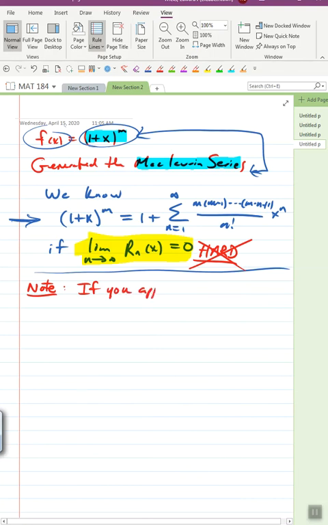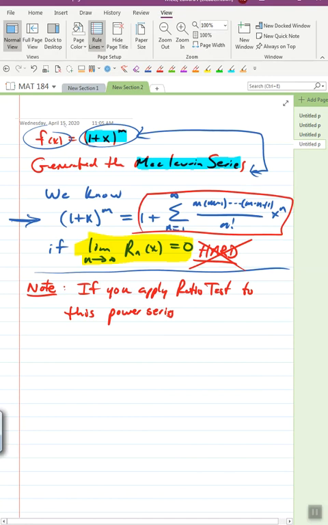If you apply the ratio test to this power series, that is this one that we're talking about here, you will find an interval of convergence, absolute value of x less than 1. In other words, open interval -1 to 1.